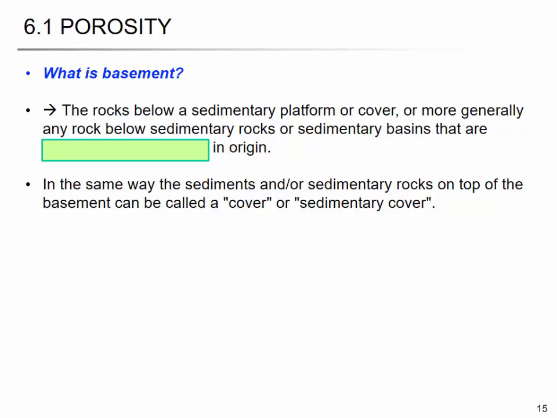So basement rock is typically described as the rock below a sedimentary platform or cover, or more generally, any rock below sedimentary rocks that are of igneous or metamorphic origin. So basement is mostly composed of the igneous rock or the metamorphic rock.